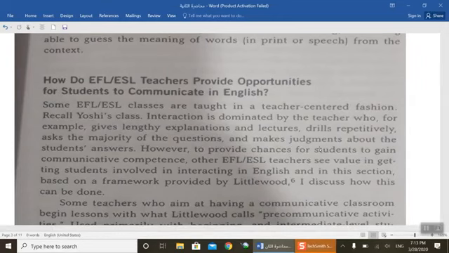We said that in some classes, we have what kind of teaching? We have the teacher who is the center of instruction, who leads everything inside the class, he is the only person who speaks inside the class.